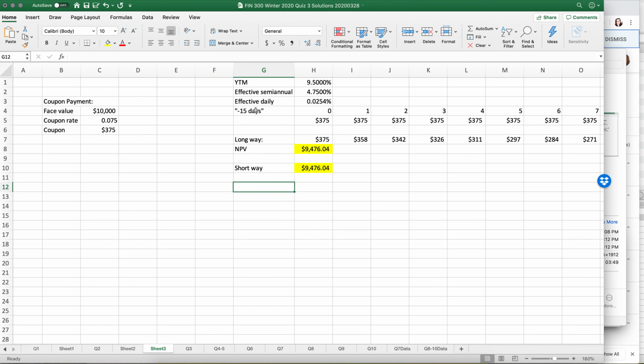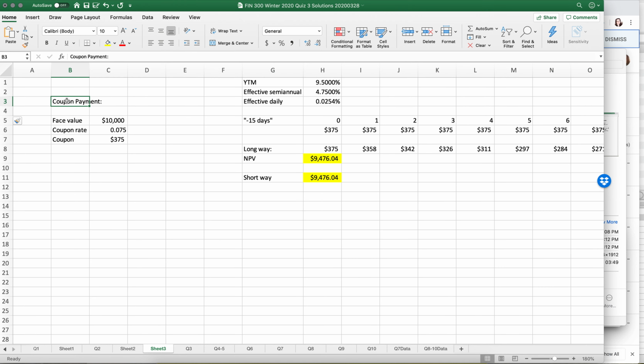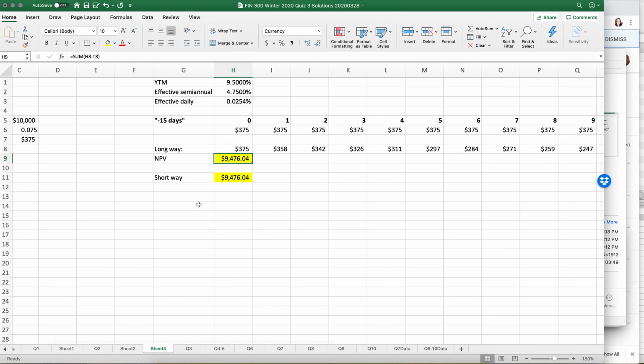And now let's discount it back. Let me add a line here. Let's discount the price back from here to here. So those values are the same. We can use whichever one. 1 plus the effective daily rate. So we're going to take the present value at time 0, discount it back 15 days using the effective daily rate.